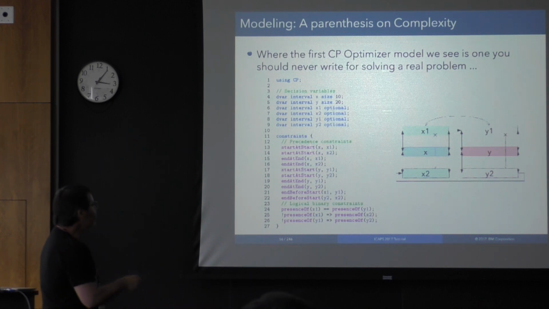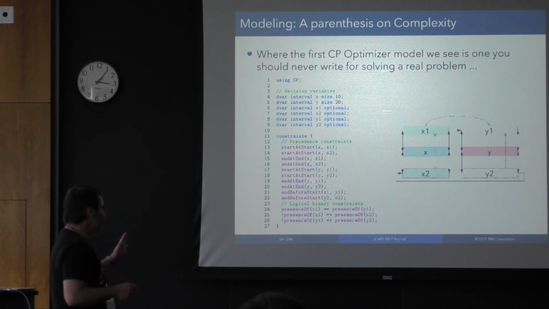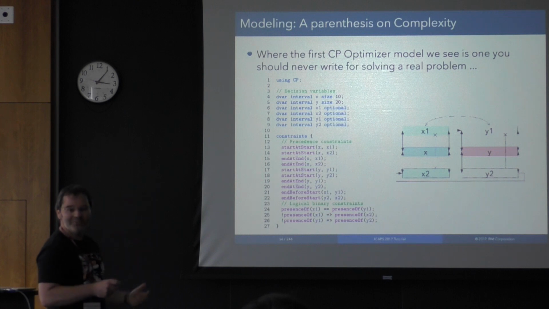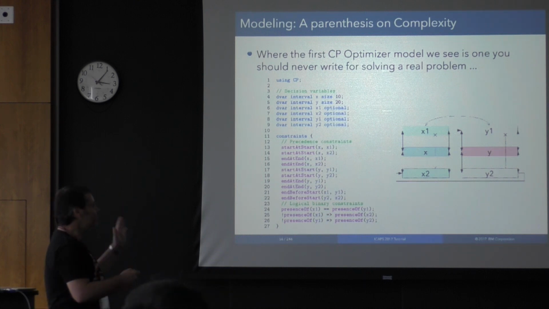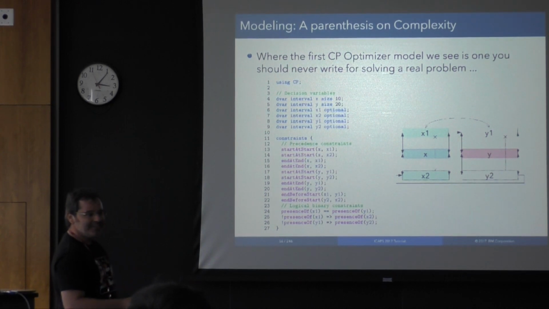If you look at the OPL model for this, the first thing I want to say is that this is the first complete CP Optimizer model we see. Never use this in your problem if you want to express the disjunction between two intervals. This is just for curiosity. Of course, we have much more efficient ways to say that x and y should not overlap.